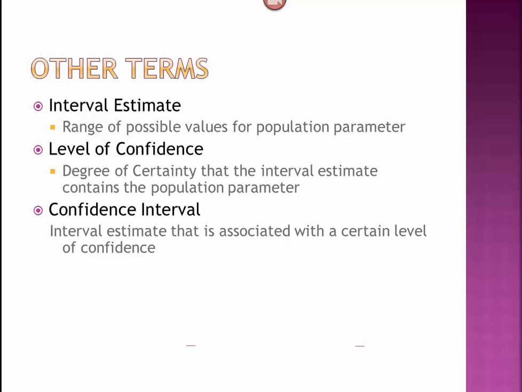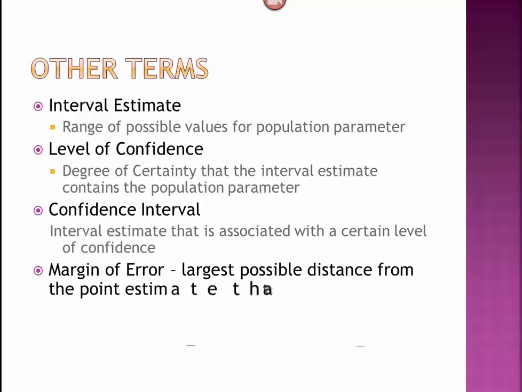To create my interval, we have to calculate something called the margin of error. The margin of error is the largest possible distance from the point estimate, which remember is our x bar, our sample mean from the population, that a confidence interval will occur. So it's the largest possible distance we would move away from the point estimate in which a confidence interval occurs.